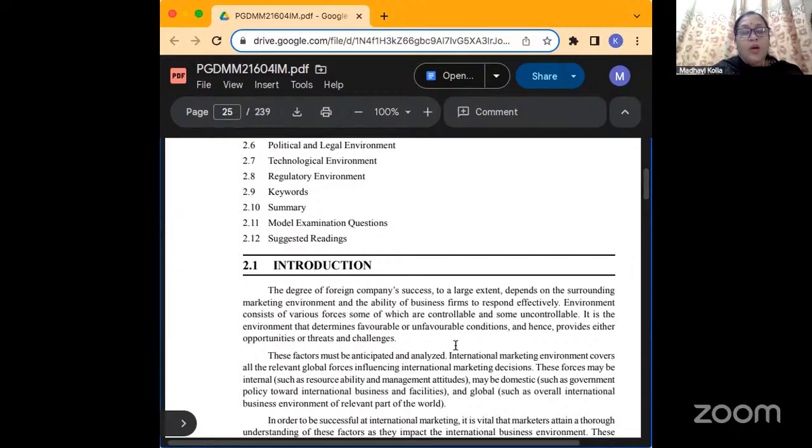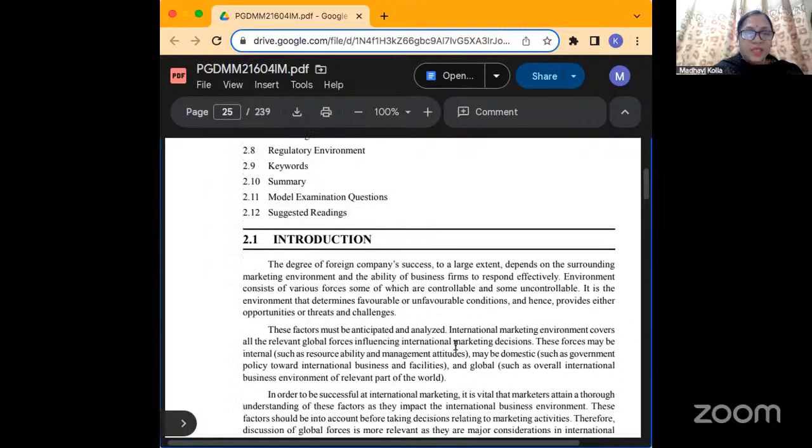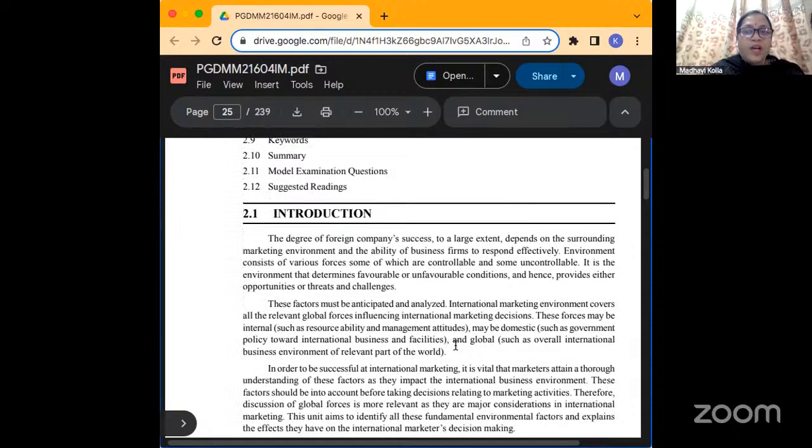It relates a lot to the amount of surrounding marketing environment and the ability of business firms to respond immediately and in a very diligent manner to the factors that are contributing to either, sorry, to either promote or restrict your product introduction to a new market. So, what are these various forces that affect your business? It could be in terms of both internal and external factors.